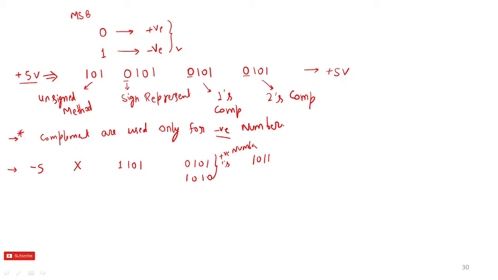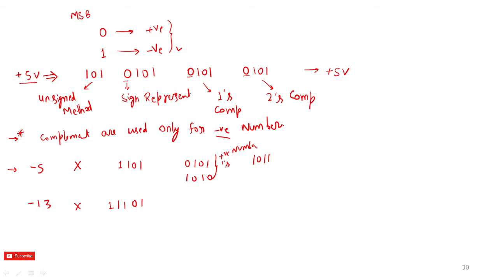Now if you want to represent minus 13, how to represent minus 13? In unsigned you can't represent. This is plus 13 and this is minus 13. In this method you have to take the one's complement of positive 13.